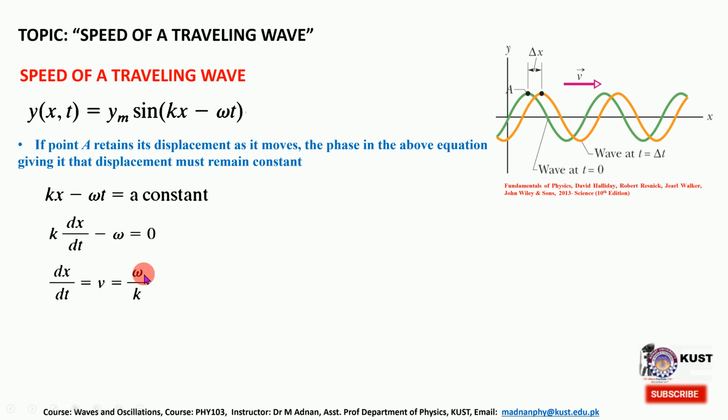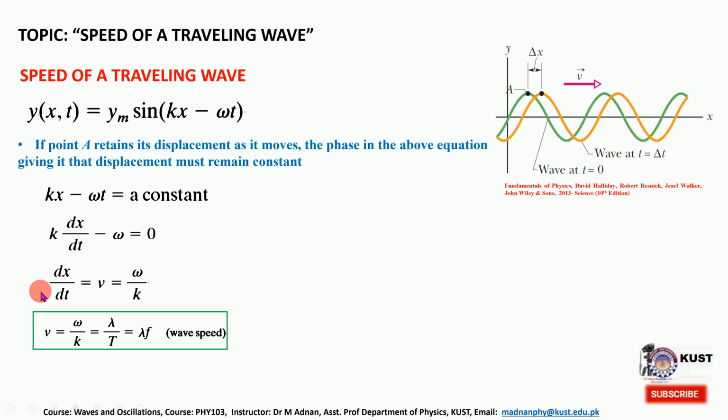In our previous lecture, we discussed that omega is 2 pi over T and k is 2 pi over lambda. Using those expressions, one can obtain the well-known equation for the speed of a wave, that is v is equal to lambda times f, where f is the frequency and lambda is the wavelength.